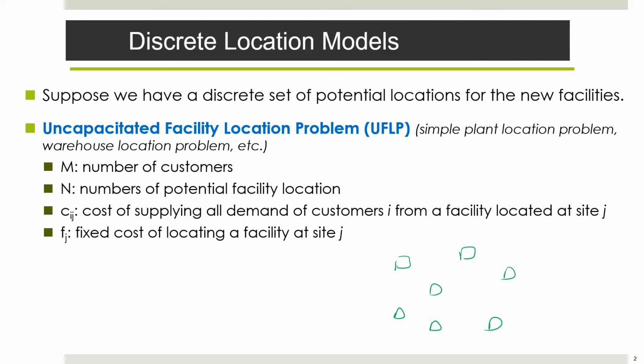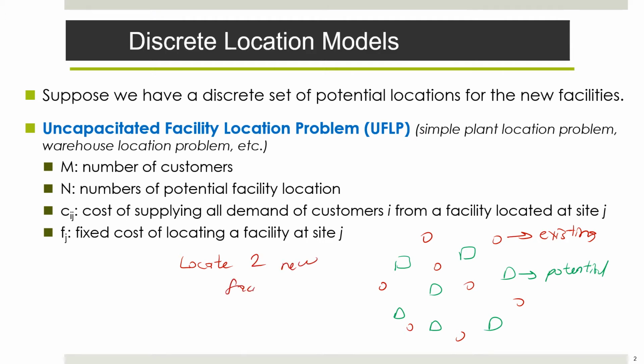I'm not saying that these are the locations of the existing facilities. The existing facilities, let me say, are represented by these red ones. These are existing. And these green ones are potential locations for the new facilities. And let's assume that we are going to locate two new facilities.